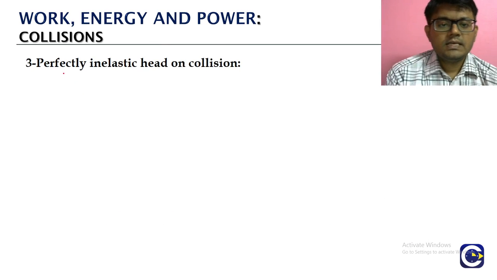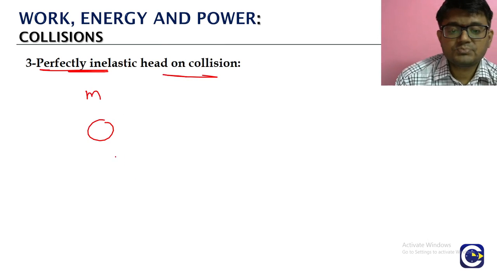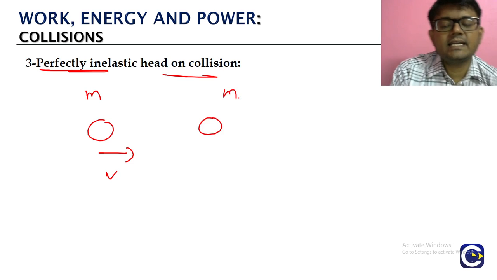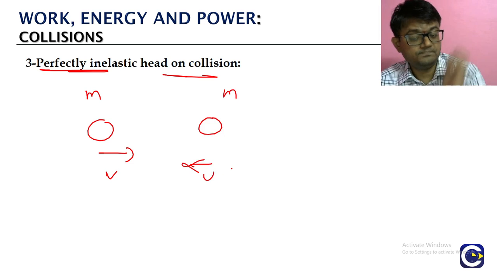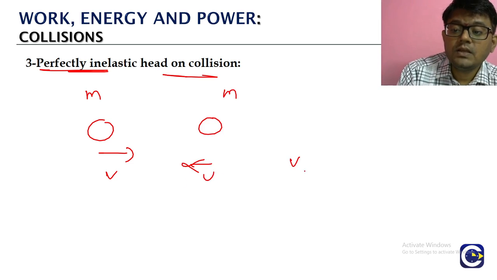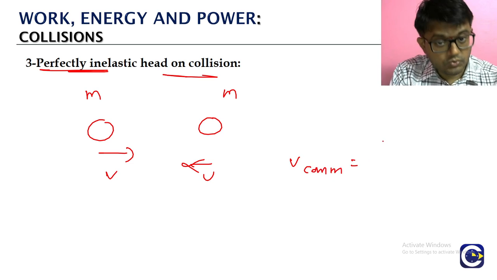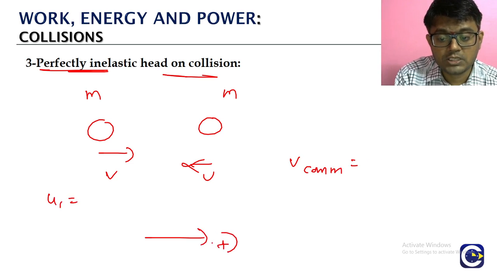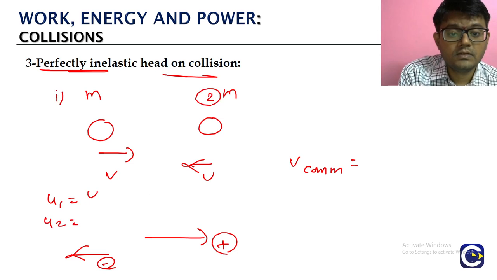There is another special scenario. If you have a mass m with velocity v towards the right side, and an identical mass m moving towards the left side with velocity v, what is the common velocity after the collision? With m1 u1, say the right side is positive, then the left side is negative. u1 is v, and u2 is minus v, since it is on the left side.